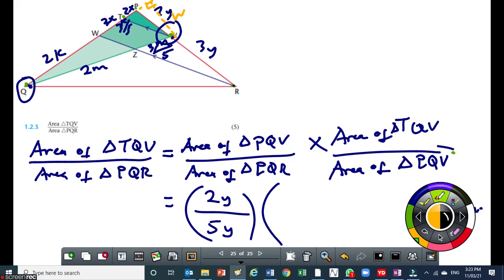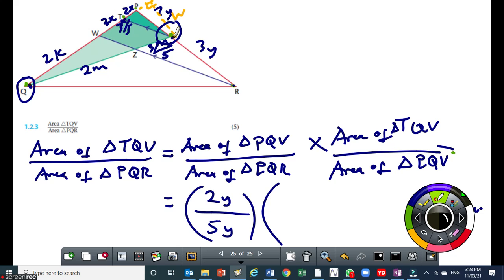Then the base of those two triangles, for TQV, its base will be what? I expect you to look here, because the diagram is not on TQ. It will be TQ. Thank you.